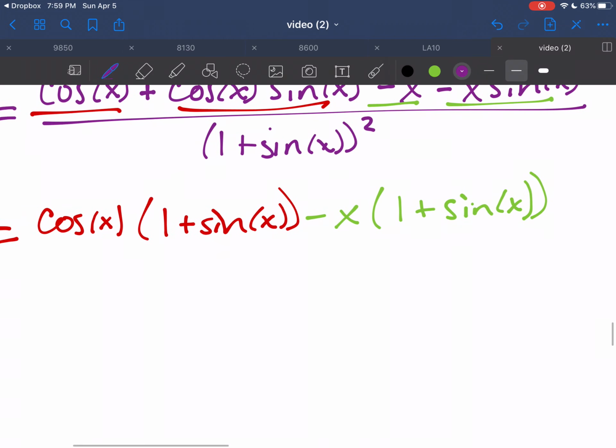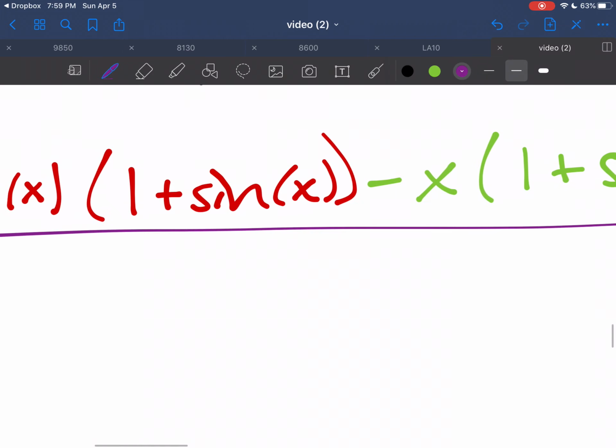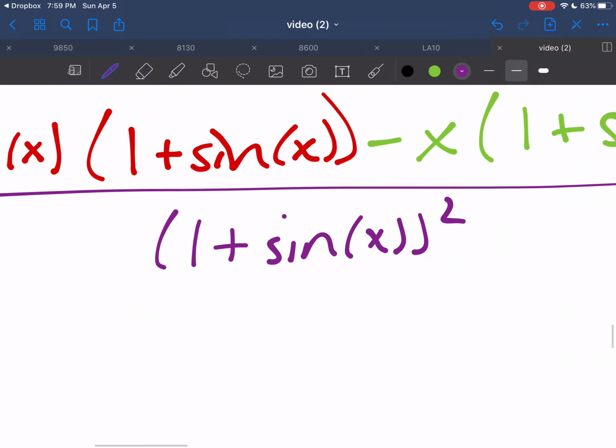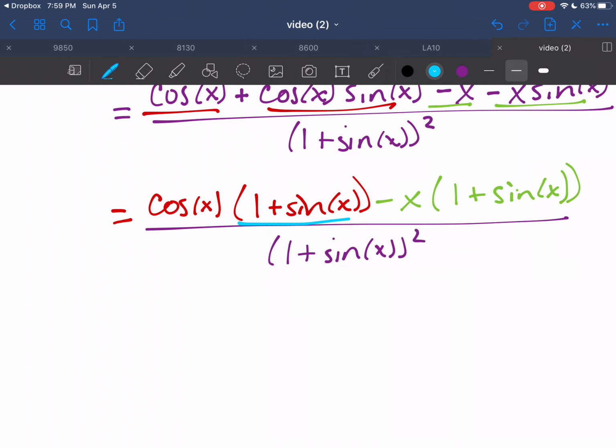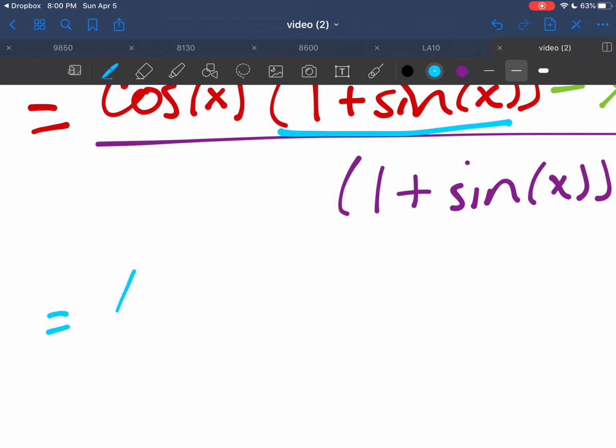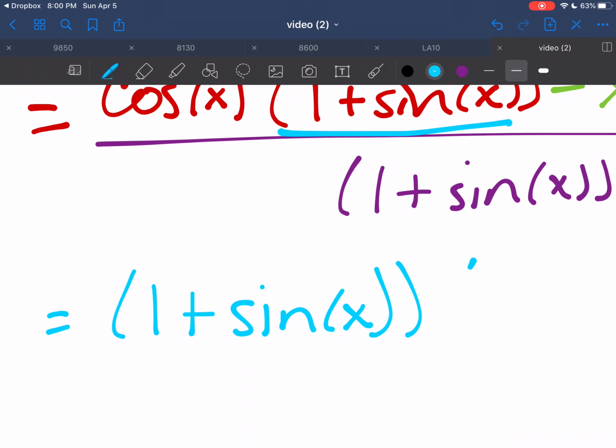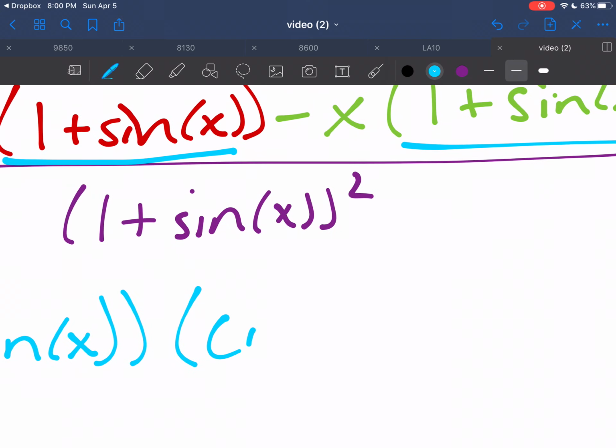And then it's still divided by the denominator. Okay, and now we can see where I've got a 1 plus sine x in both of these, so I can factor that out. It's times cosine of x minus x.